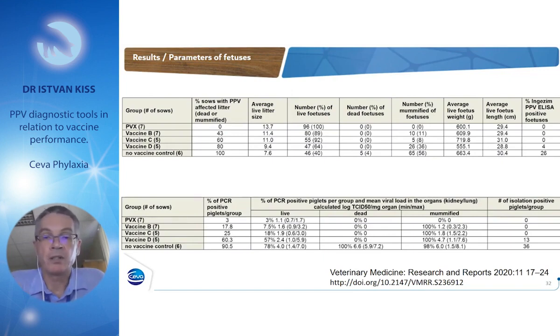On the other hand, it was present in 13 and 36% of the fetuses, or a number, sorry, it is not a percentage, in one of the vaccinated groups and in the non-vaccinated controls.